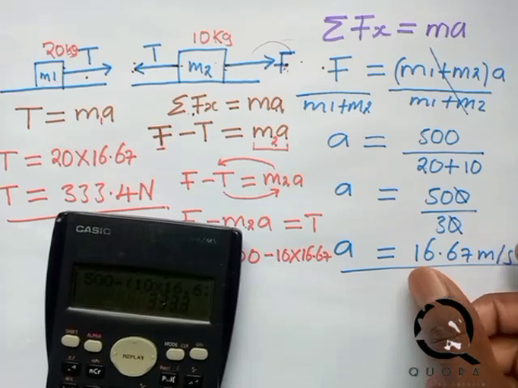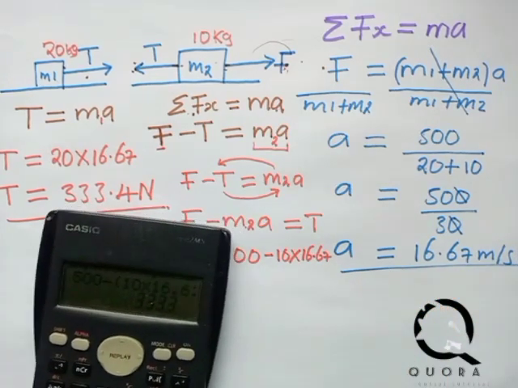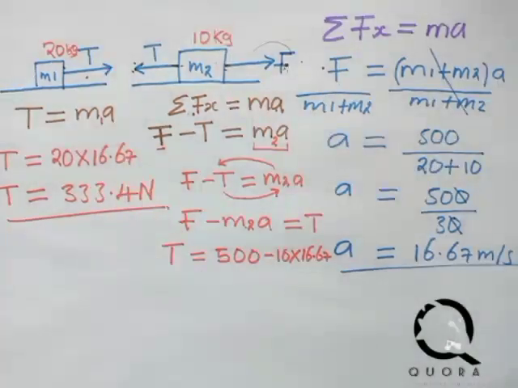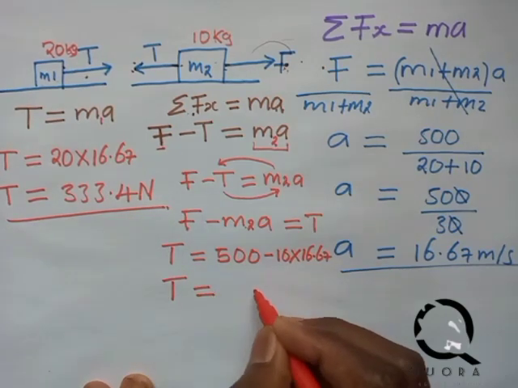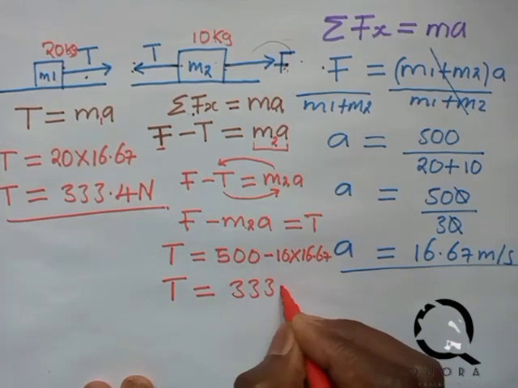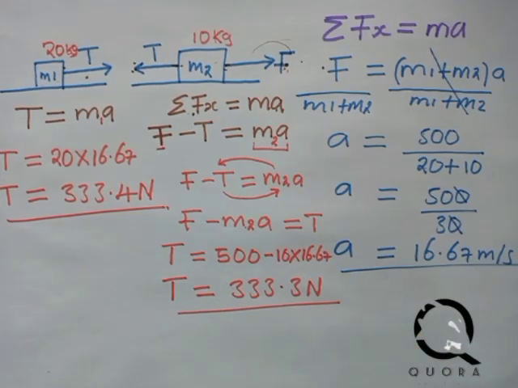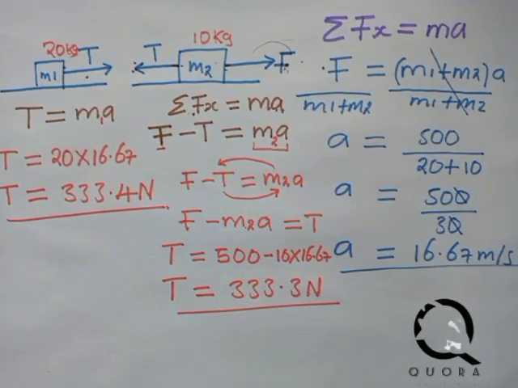So due to some sorts of rounding off here, that's why the decimal place is almost different from that. So we are going to have the tension, which is equal to 333.3 newtons. So you can choose whichever. You can either use this one or that one, and you'll be able to find the tension just like that.